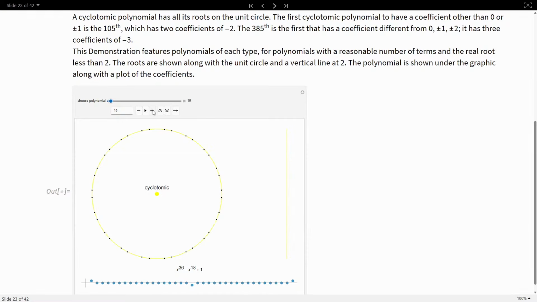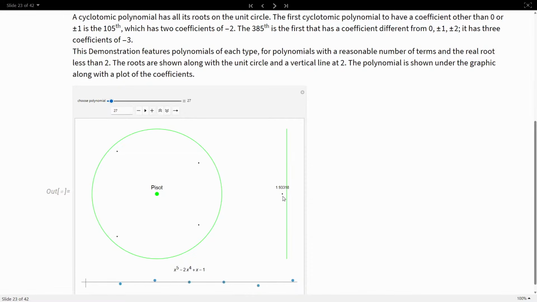You might notice that all the cyclotomic polynomials have coefficients that are 0 or 1. So here's the next Poisson number. It's a slightly larger value on the outside. And the next.